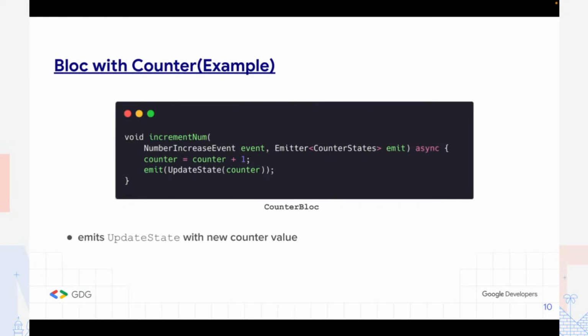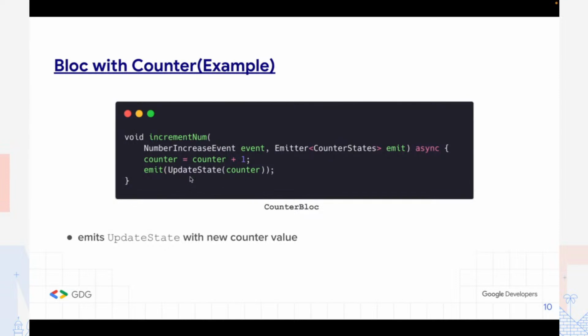Increment num takes the event that the block was listening to, or the event which is associated with that function, and it also is going to emit the state. So when increment num function is called, it is going to increment the counter by 1, and it's going to emit a state. Out of all the counter states that we have here, it's going to emit update state.